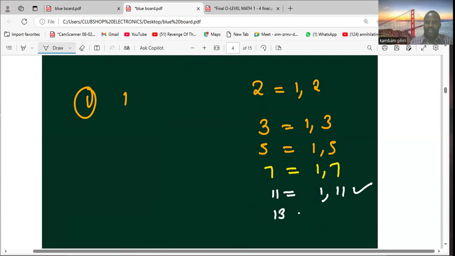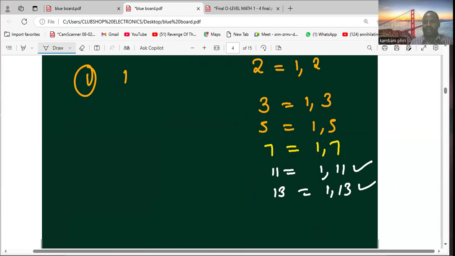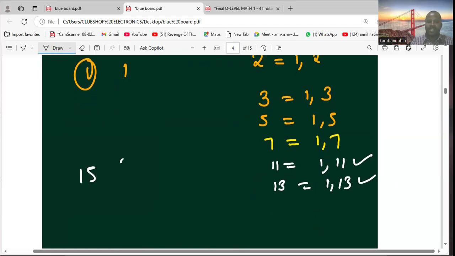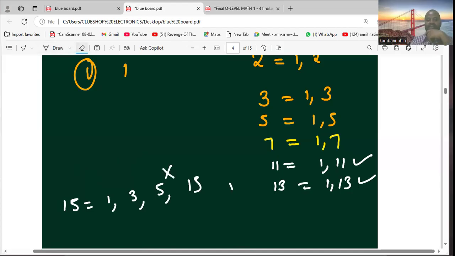You can look at 13. 1 and 13 itself, a prime number. How about 15? Is 15 a prime number? You can pause this video and give it a try. 15 has got these factors: 1, 3, 5, 15. It has 4 factors. Therefore, 15 is not a prime number.